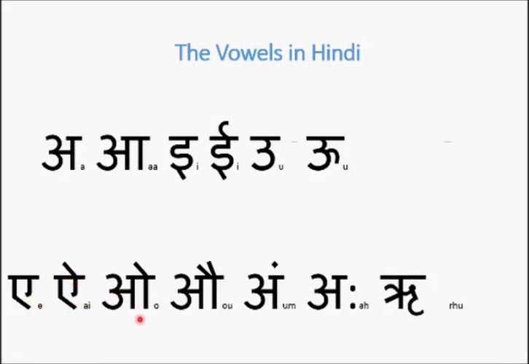Then O. What is an O? Do you see an A? Do you see the resemblance? So O is basically an A with a slant on the top. Good. How did we make an O?